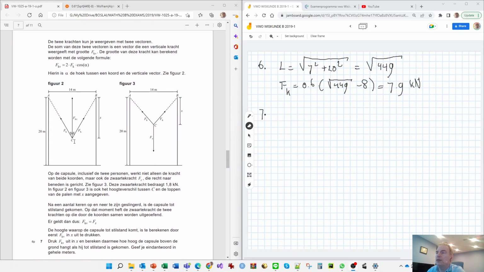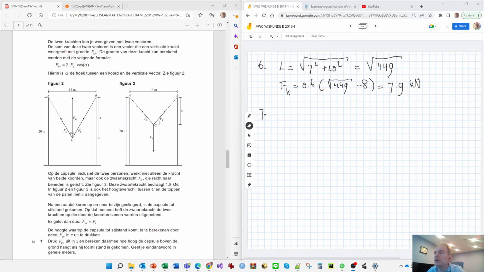And then you also, of course, have the gravity working on that in the z, also vertical direction, working down. And it's 1.8 kilonewton. That's for the 2 persons and the capsules.